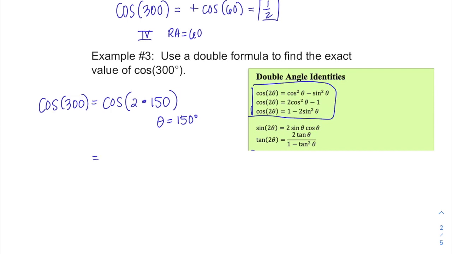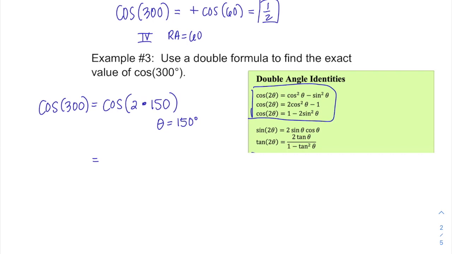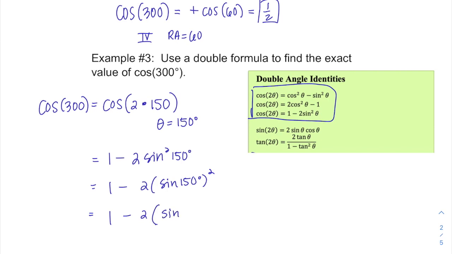I just chose that. But I know that cosine 2 times 150 should be equal to 1 minus 2 sine squared of 150 degrees. Well, that's the same thing as 1 minus 2 times sine 150 squared. And I know sine 150 is equal to sine 30 because 30 is its reference angle.